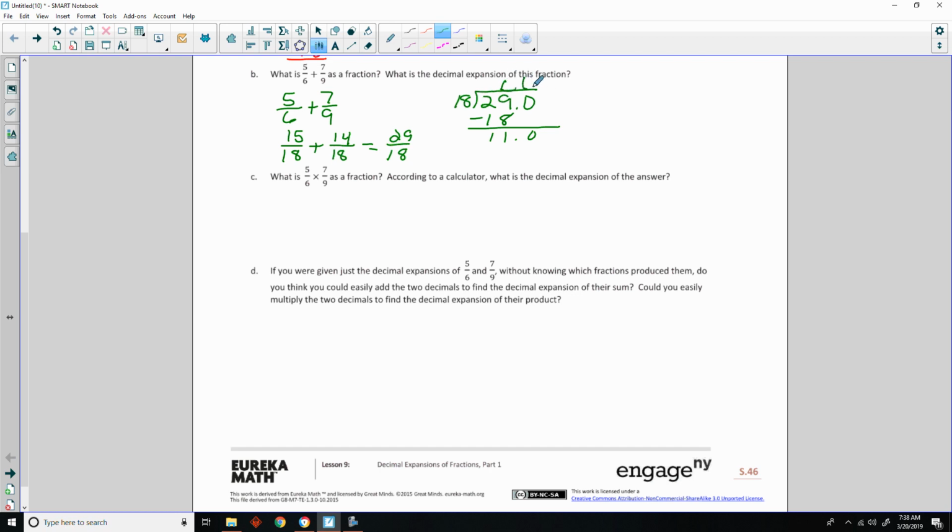The decimal's here. 18 will go into 110 6 times. 6 times 8 is 48, 6 plus 4 is 10, leaving me with a 1 here. 18 goes into 20 one time. So subtract, and that's going to repeat now: 1, 1, 1, 1, 1. So this 5/6 plus 7/9 is 1.6111 repeating forever and ever and ever.